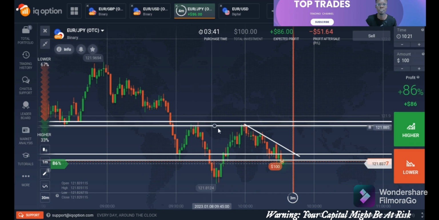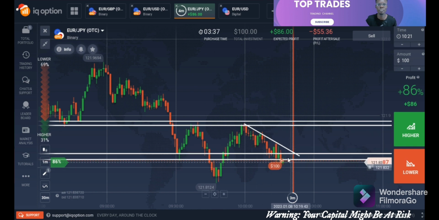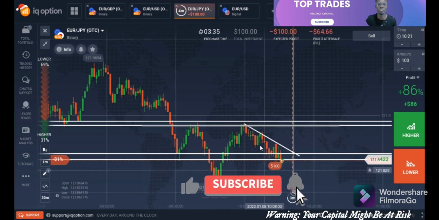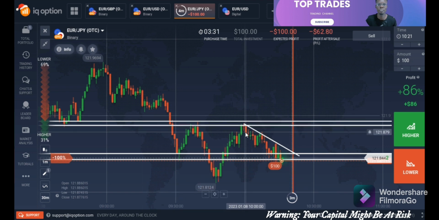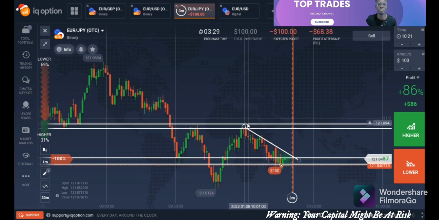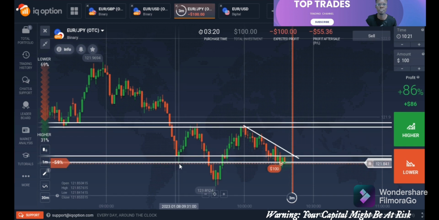So what I did is I drew this horizontal level of resistance here, anticipating that the market should fall. So I was looking for a chance to sell over here. I just had to wait for the market to be weak before I could sell. So I noticed that the market is weak.